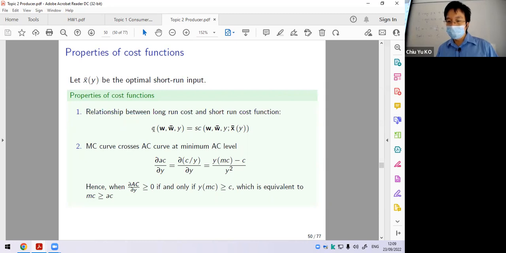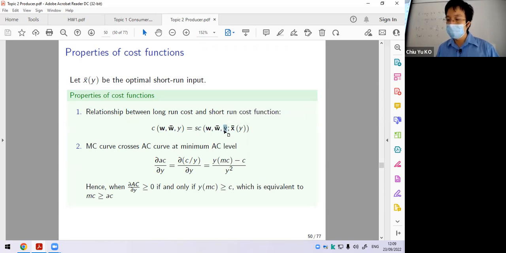If the long run cost, you have the fixed price, the price for the fixed factor, price for the variable factor, and this is output, and this is like the short run. This is short run based on the price of the variable factor, price of the fixed factor.